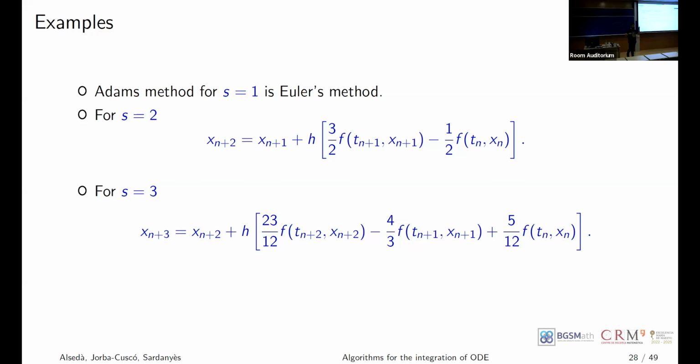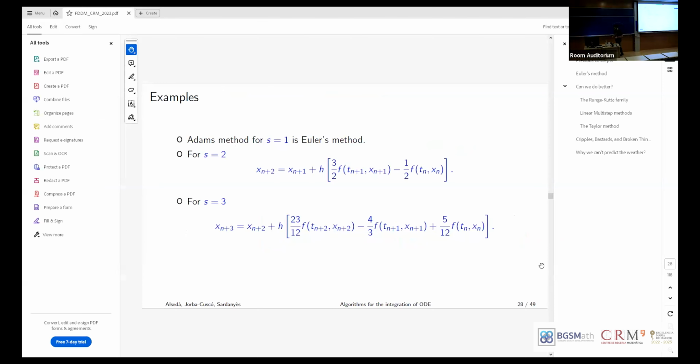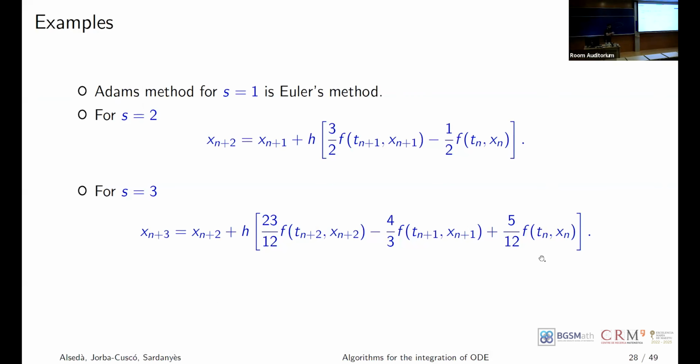So you don't have two previously computed points. But usually what you do is you start with the Euler method, and then you use the two-stage method to compute the next one, and keep going on, and you end up with a method of 5 stages or whatever, and then you keep using these last 5 points for the rest of the computation.